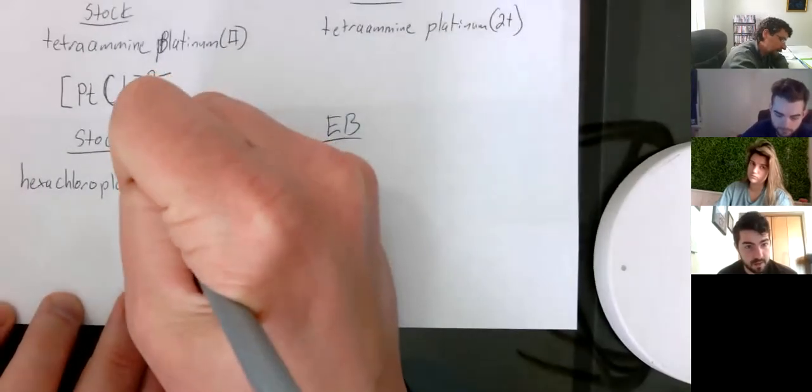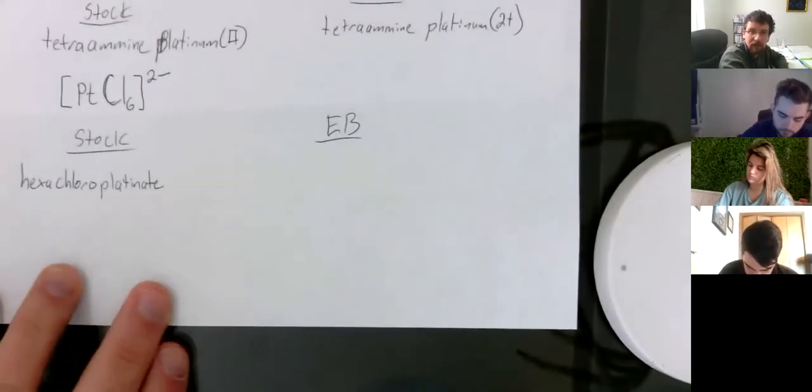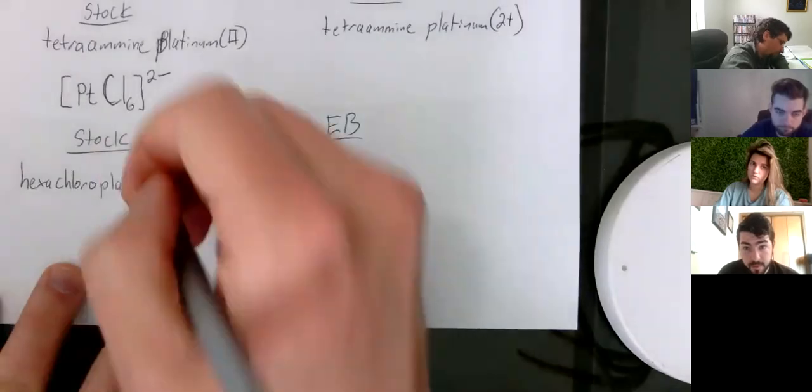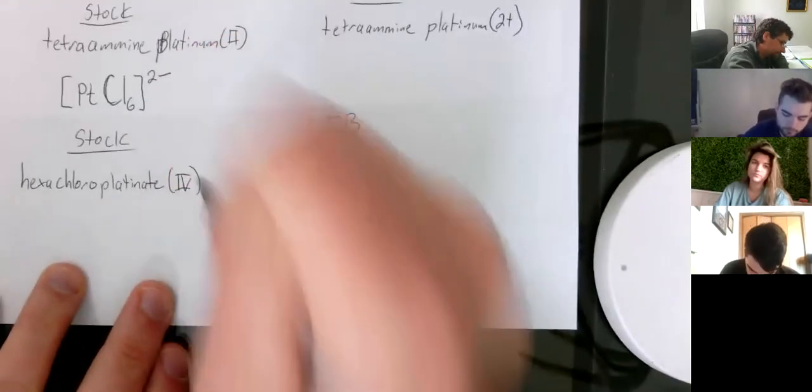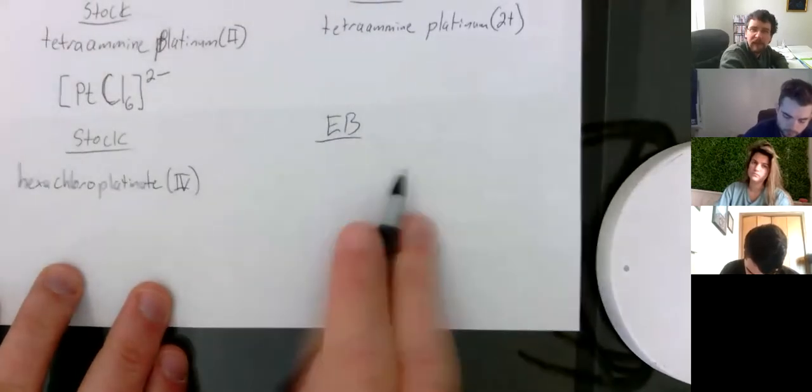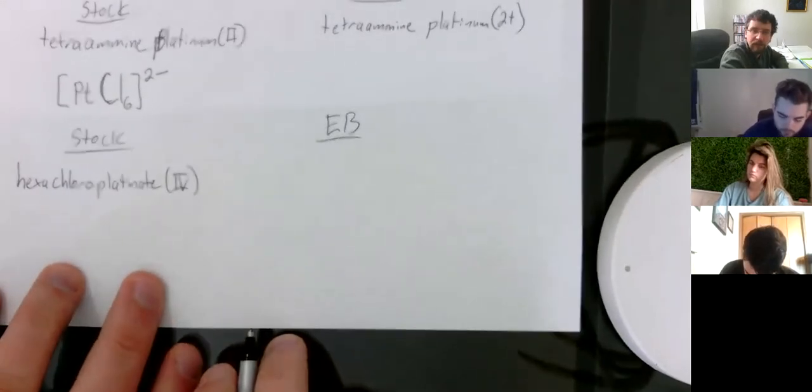And what's going to be the oxidation state of that metal? 2. Not 2. 4. Yep, 4. So IV. So what about in the EB system? What would that name be?